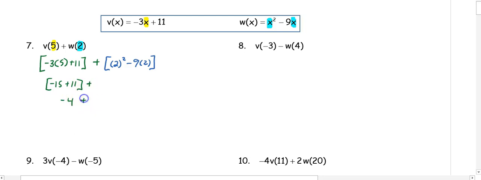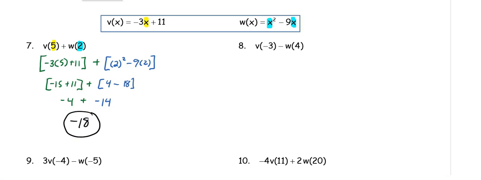Then we bring down our plus sign from the middle. In the other equation, 2 squared is 4, minus 9 times 2, which is 18. That gets us negative 14, because 4 minus 18 is negative 14. So now we have negative 4 plus negative 14. We can combine those together to end with negative 18.